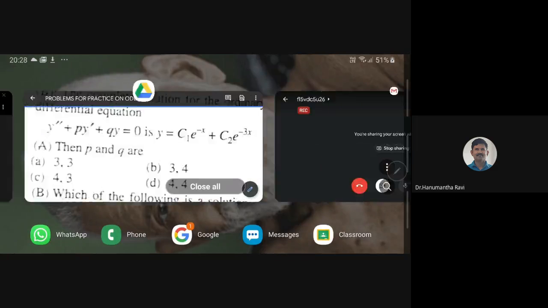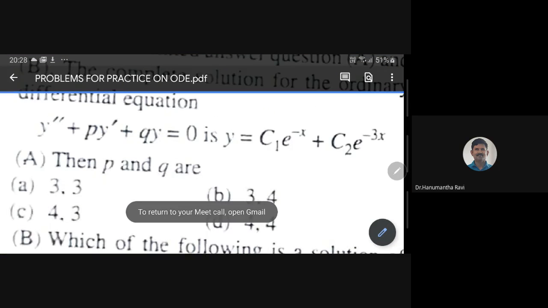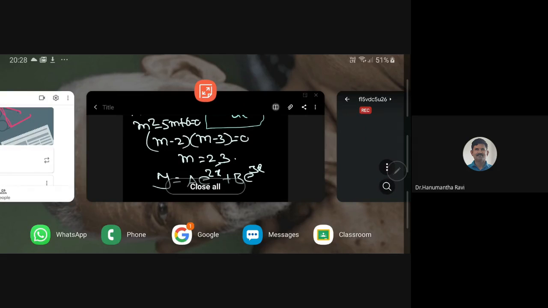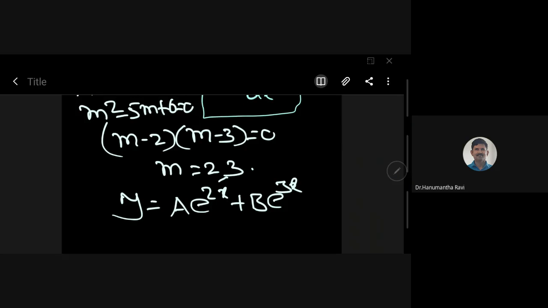If you look at this question, y double dash plus p y dash plus q y is equal to 0, and we are asked to find the values of p and q. So the roots here... y double dash plus p y dash plus q y is equal to 0.